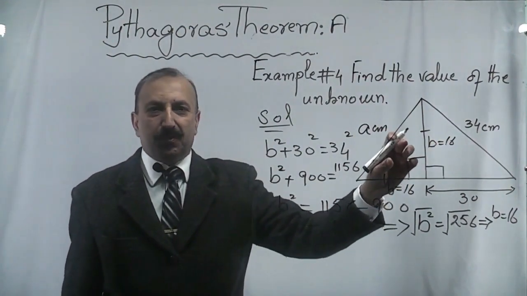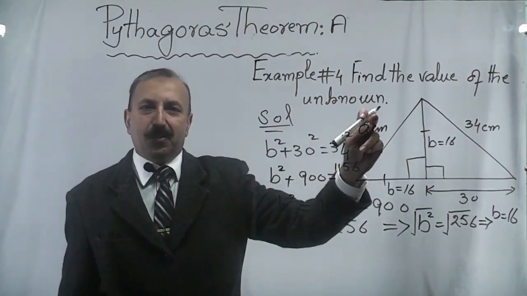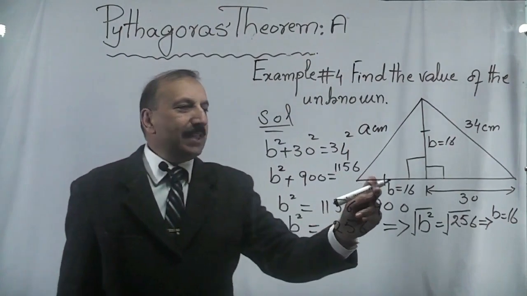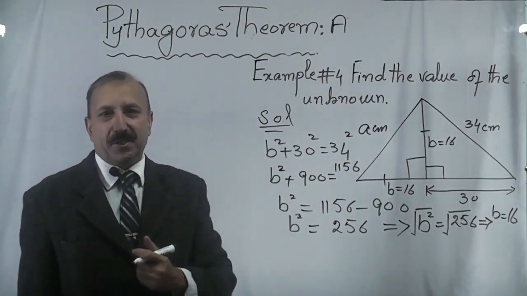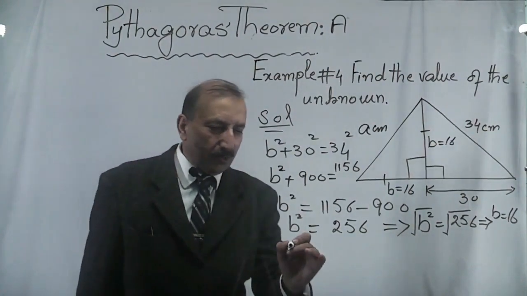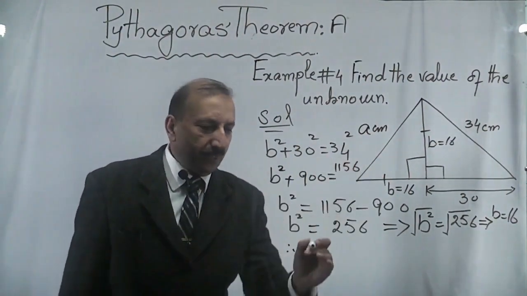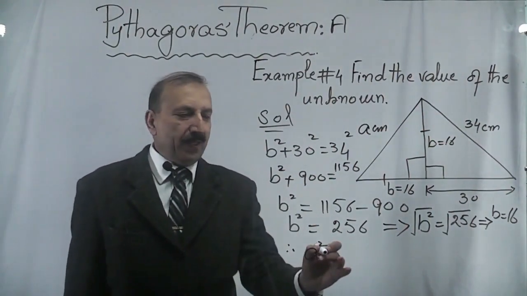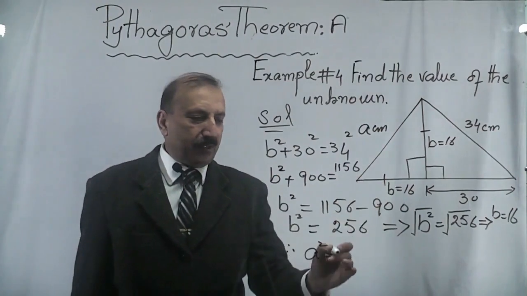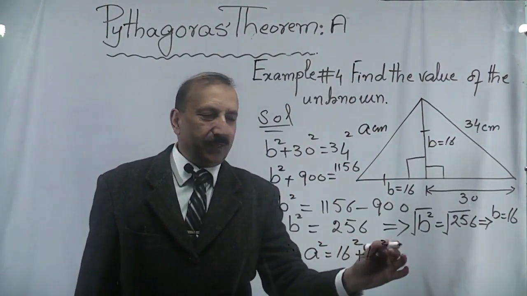Now this triangle contains three sides, one is unknown, which we are supposed to find, and now these two sides are equal in measurement, 16. So therefore, now we will work in this triangle for A. This A, the longest side, the hypotenuse squared, is equal to the two legs, that is 16 squared plus 16 squared.